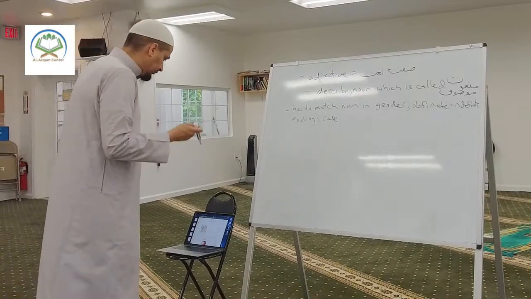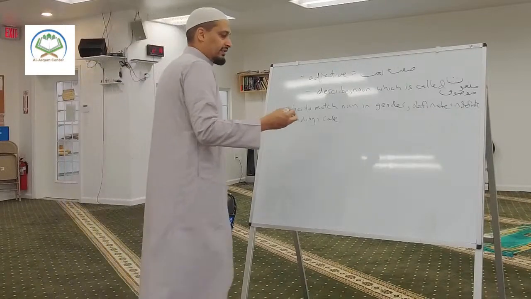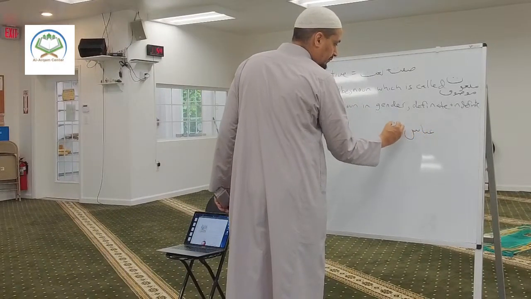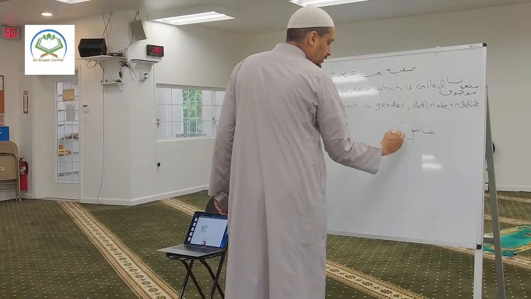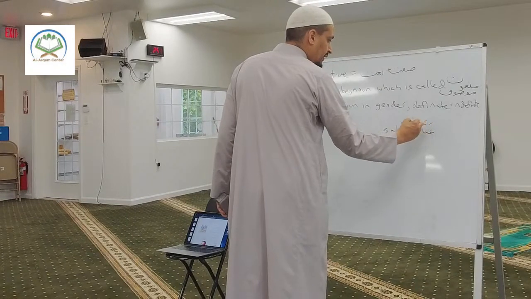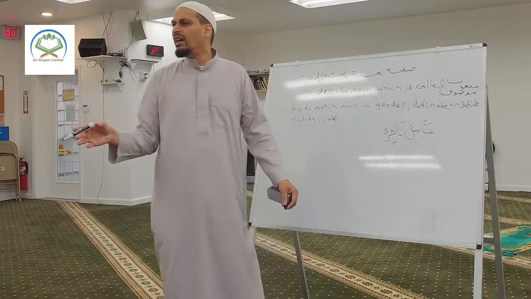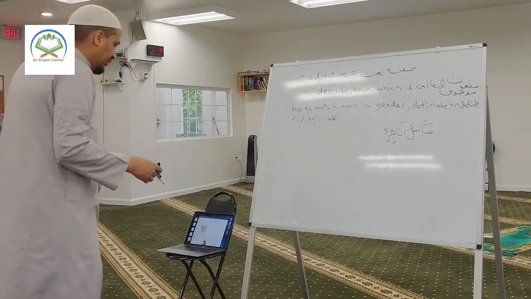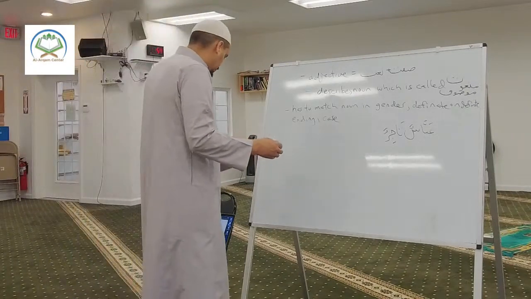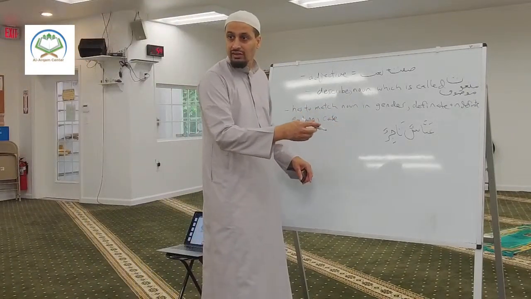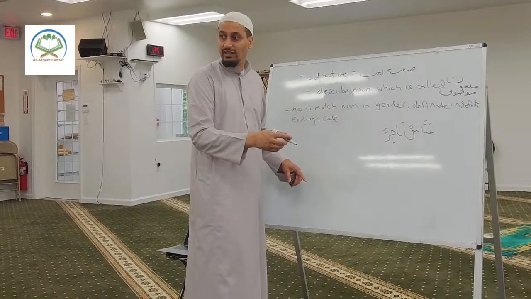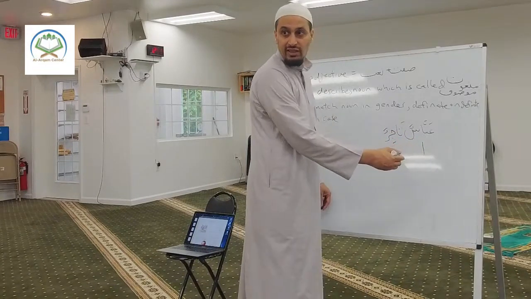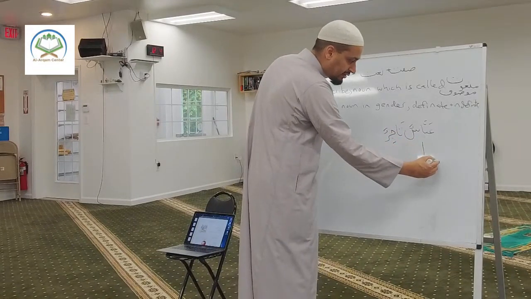Now, the third sentence has Abbasun Tajirun. Again, nothing fancy. Abbas is a businessman. Okay. Now look at the second part of this sentence. Abbasun Tajirun Ghaniyun. Right? So Abbas, this is the subject, Mubtada.